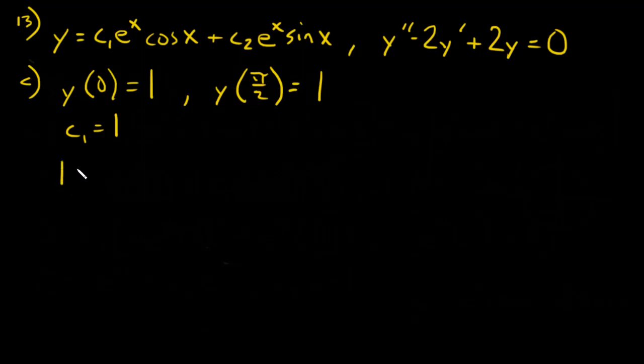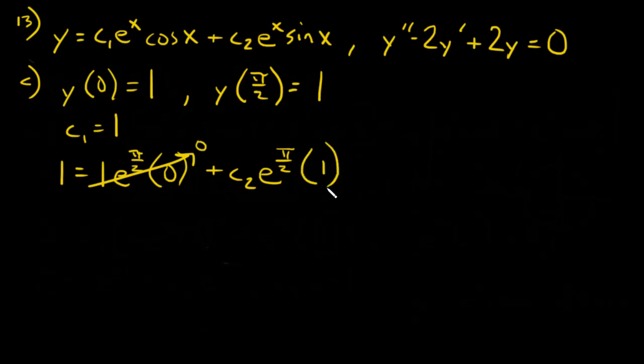So 1 is equal to 1 times e to the pi over 2 times cosine of pi over 2, which is 0, gone. And then plus c2 times e to the pi over 2 times, what is sine of pi over 2? 1. So what do I get? I get something kind of strange.